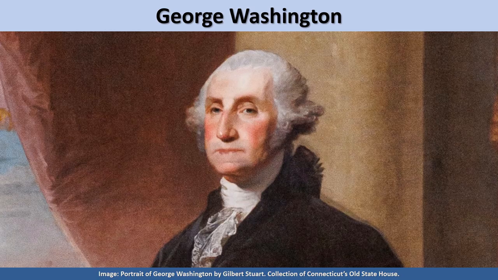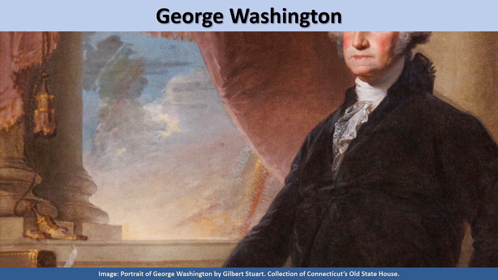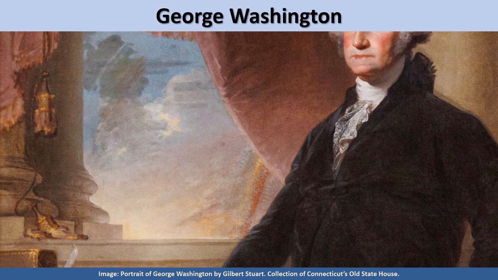In Connecticut's old state house, in the state capital, Hartford, there is a portrait of Washington made late during his time in office. This painting contains many symbols of the part Washington played in early U.S. history. The background of the portrait contains a large window.